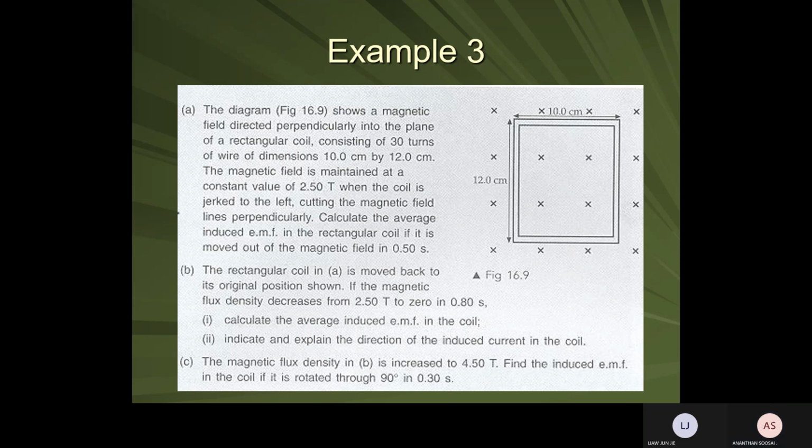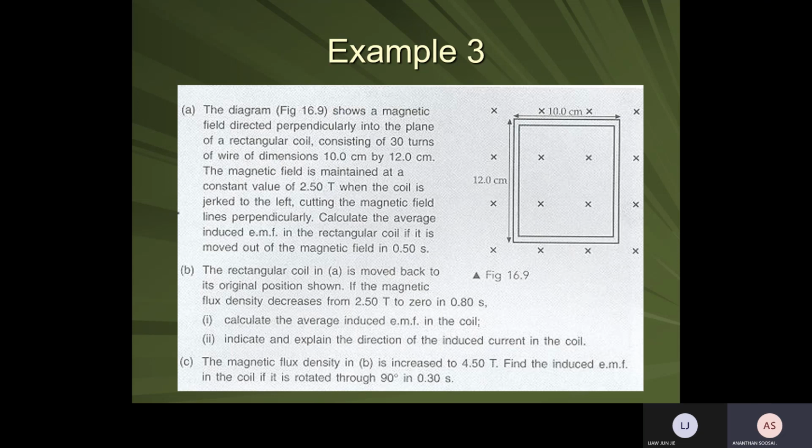Is any flux change going to happen to the coil? Yes. Either you change the area by moving the coil, or you don't move the coil and change the strength; the flux will change. Flux is BA: B changes, flux changes; A changes, flux changes. The magnetic field strength changed from 2.5 to 0 in 0.8 seconds. So what is the average EMF in this coil?